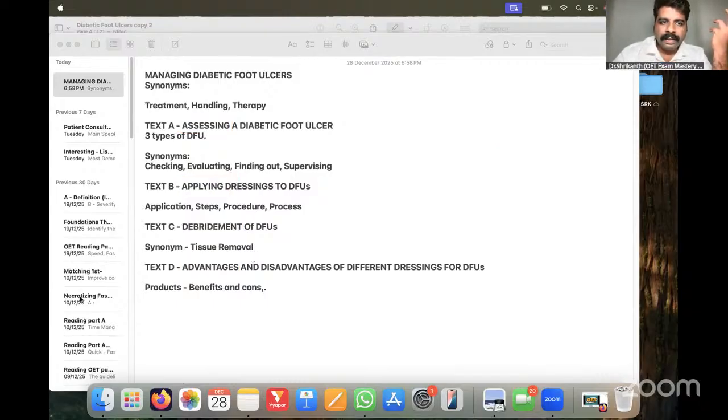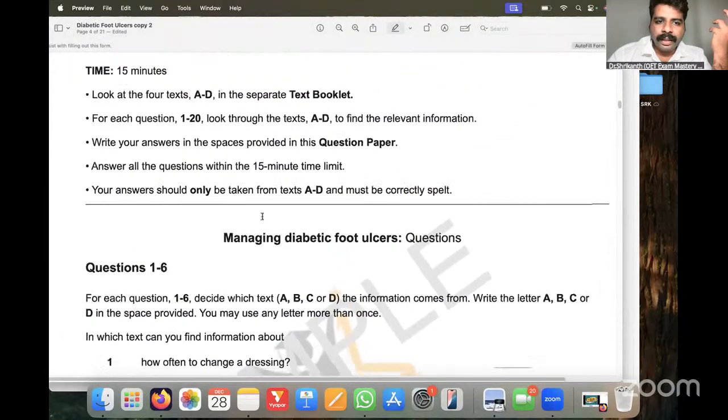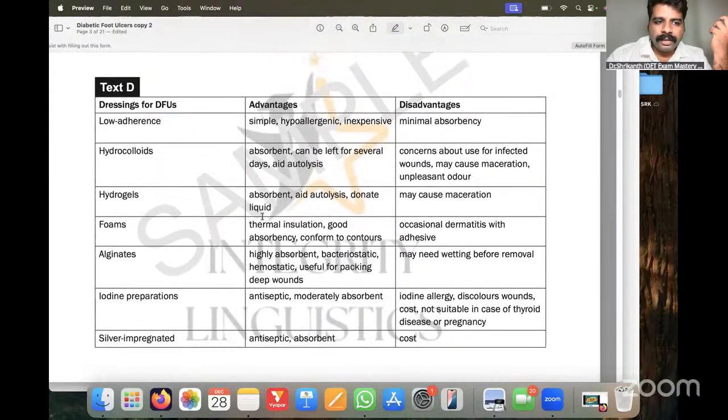Right. So let's go to the fourth text over here. Here you have to look into the advantages column, right? And now you have to look for the keywords, that is how good at absorbing fluids. Which dressing over here is very good in absorbing fluid, right?